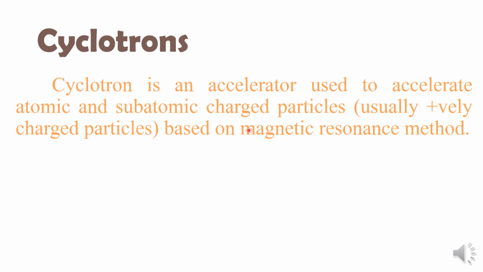It can accelerate not only subatomic charged particles, but also atomic particles. It can be used to accelerate both positively charged and negatively charged particles, and usually these cyclotrons are used to accelerate positively charged particles.